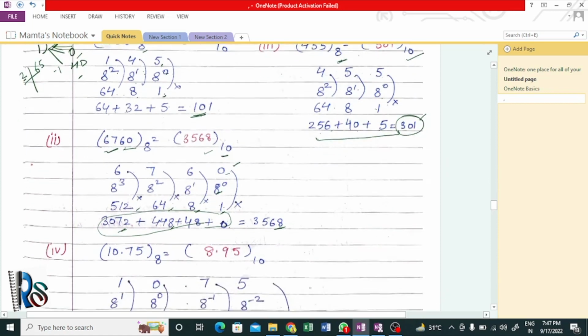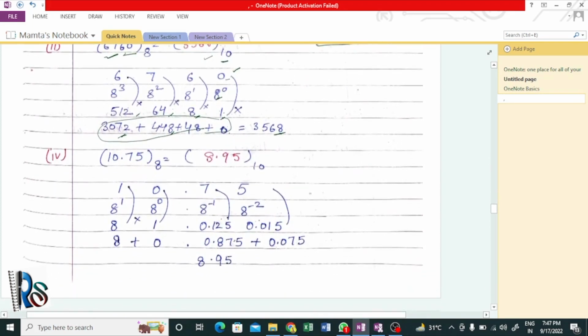Come to the fourth part of the same question. In the fourth part also we have been given an octal number and we need to convert it into a decimal number. So in all the questions we have followed the same procedure. Here also we'll follow the same, but there is one difference. The other numbers were whole numbers, meaning no fractional part was given, but in this question it is given.